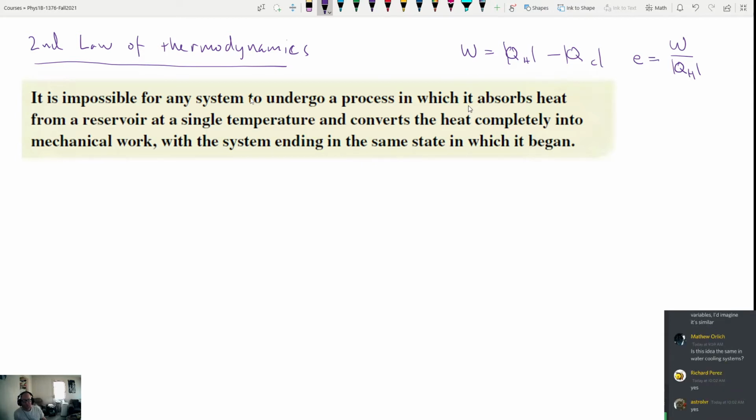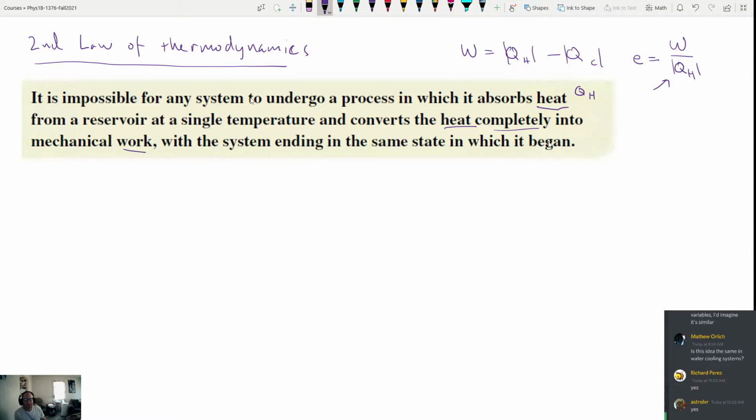Okay. So another thing that this is saying, if we look at it, it says it's impossible for a system to undergo a process in which it absorbs heat, so absorbs heat from a hot reservoir. That's this. That's the QH, right? And then it's saying that it's impossible to convert that same heat completely into work, with the system ending in the same state in which it began.